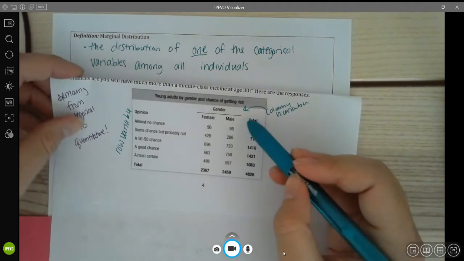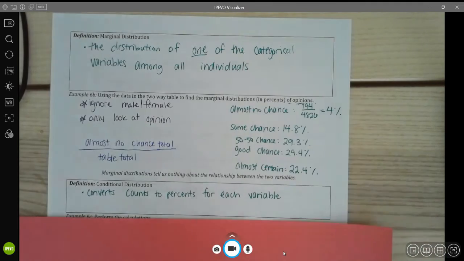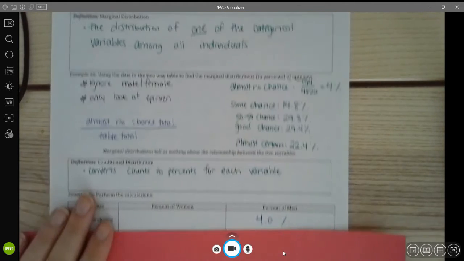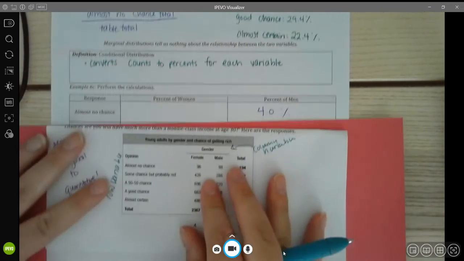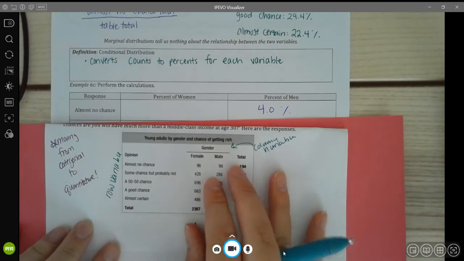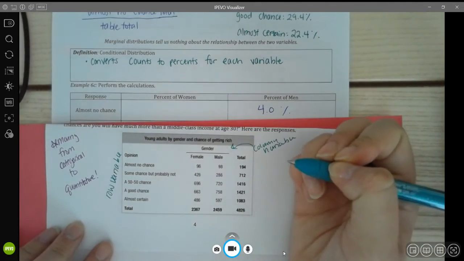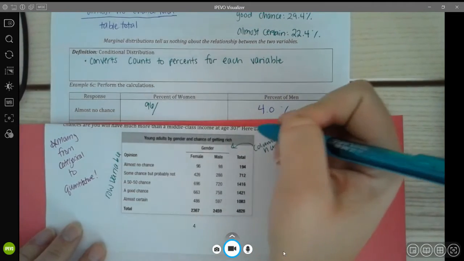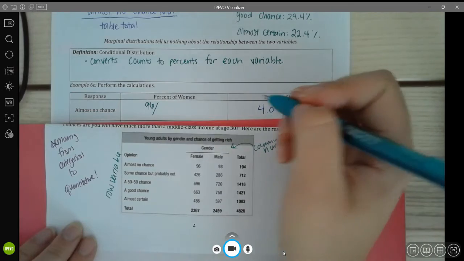So we're going to take all of these counts and convert them to percents. Okay, so here's how we do that. We're going to look at the percent of women who said they have almost no chance of achieving this middle class income. So we looked at 96 females said they have almost no chance out of the total number of females.